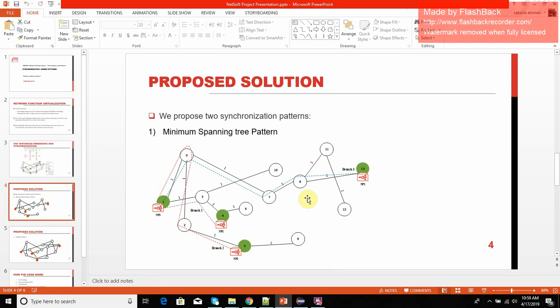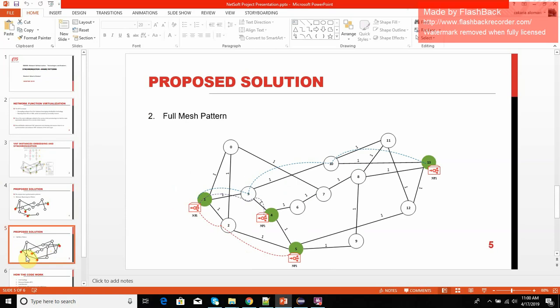Therefore, each VNF instance is directly connected to all other VNF instances of the same type that are located in different branches, which means we have a VNF in POP 1, and this VNF needs to synchronize its data with the other VNF instances. So this VNF can communicate with the VNF located in branch 2 in POP 5 and, located in a different branch 3, communicate with the VNF 1 that is located in POP 13. Which means, therefore, each VNF instance is directly connected to all other VNF instances of the same type that are located in different branches.